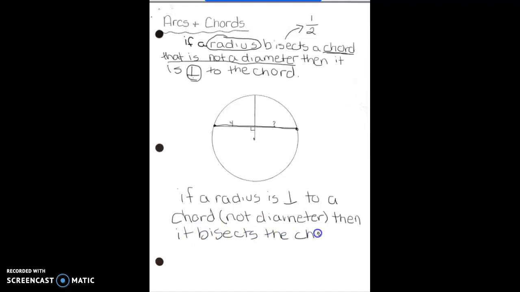So they go hand in hand. If this is perpendicular, the chord has been bisected. If the chord has been bisected, this is perpendicular. So, having said all that, take a guess. What's the question mark equal to? Question mark is 4. This half is 4, so this half is also 4.